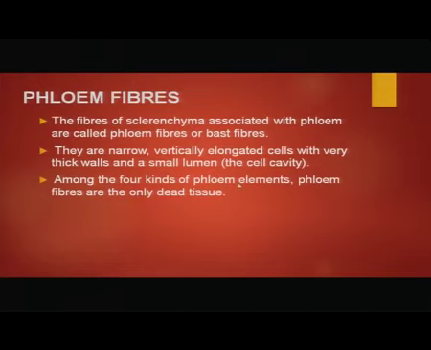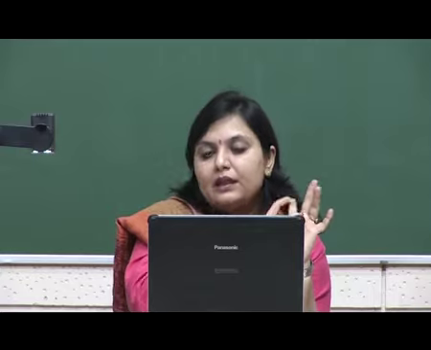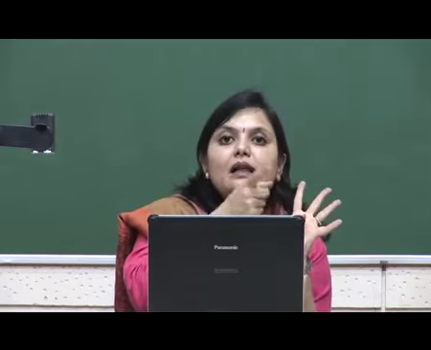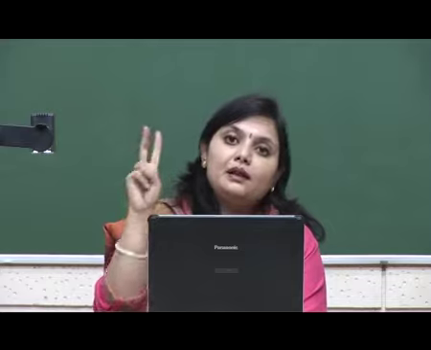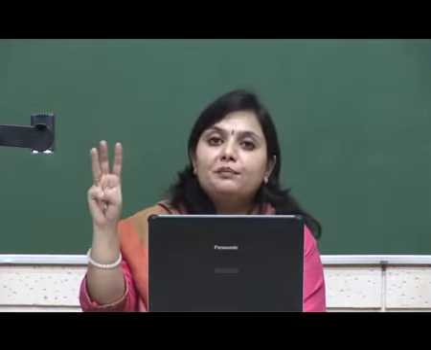Among the four kinds of phloem elements, phloem fibers are the only dead tissue. So, the four elements of phloem are the sieve elements, the companion cell, the phloem parenchyma and the phloem fiber. Out of these four, three are living: the sieve tube elements, the companion cell and the phloem parenchyma.